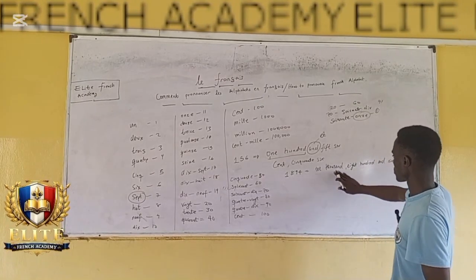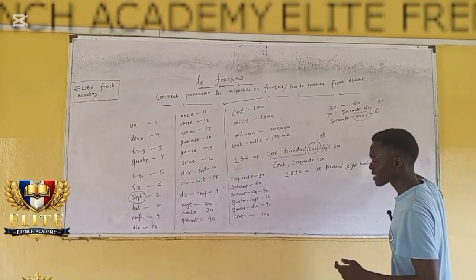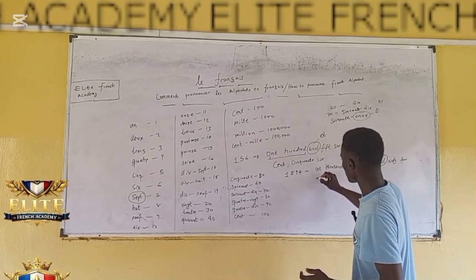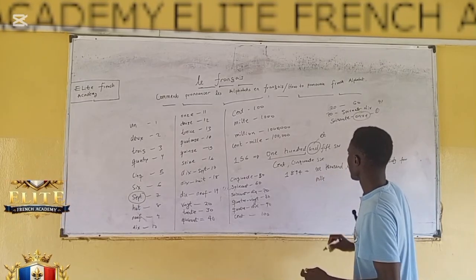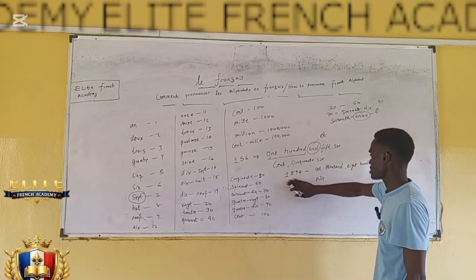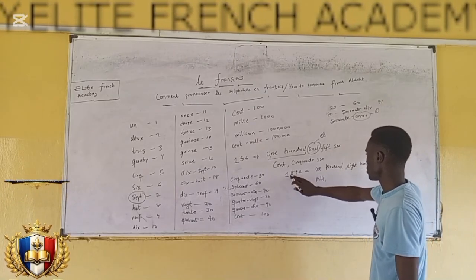This is it, 1,894. Remember I said that this "and", you neglect it. So it's being pronounced this way now. It's going to be mil. Why mil? Because you are starting with 1000, and when you are starting with 1000, it is mil. So 1000 is mil. Then 800.